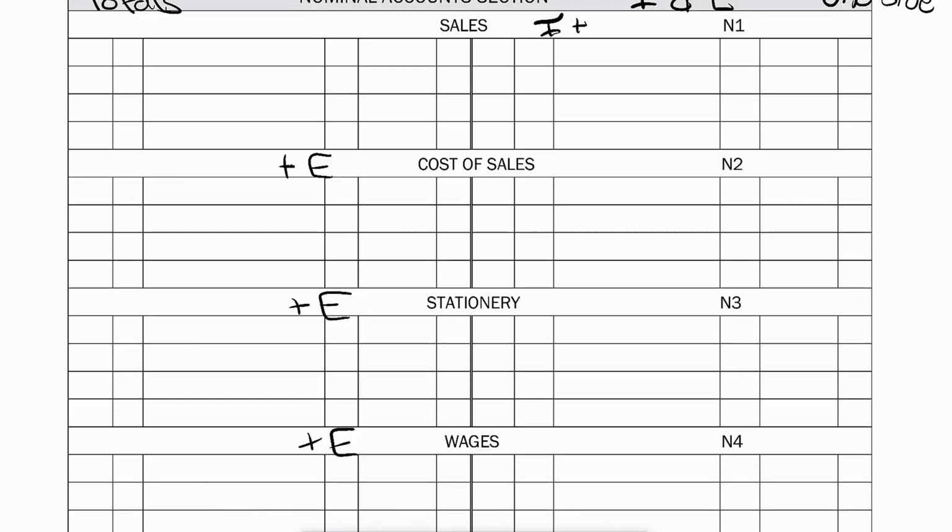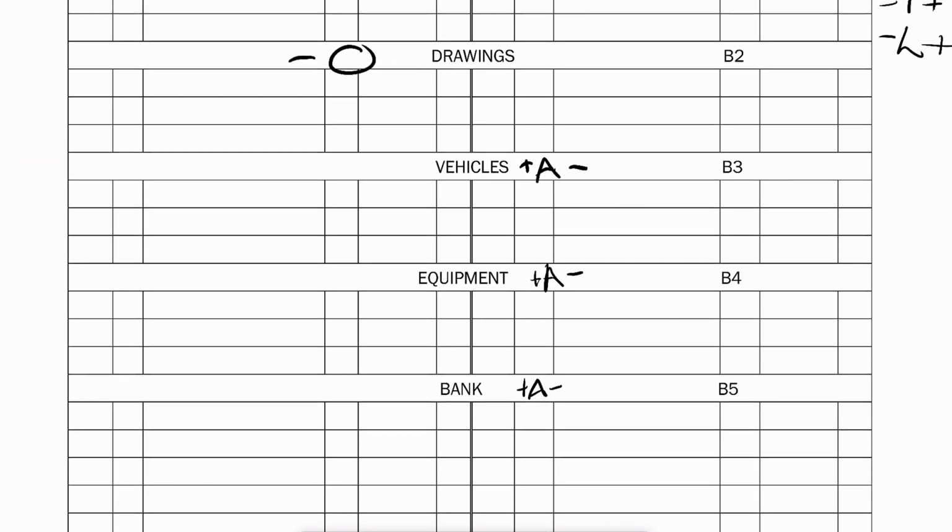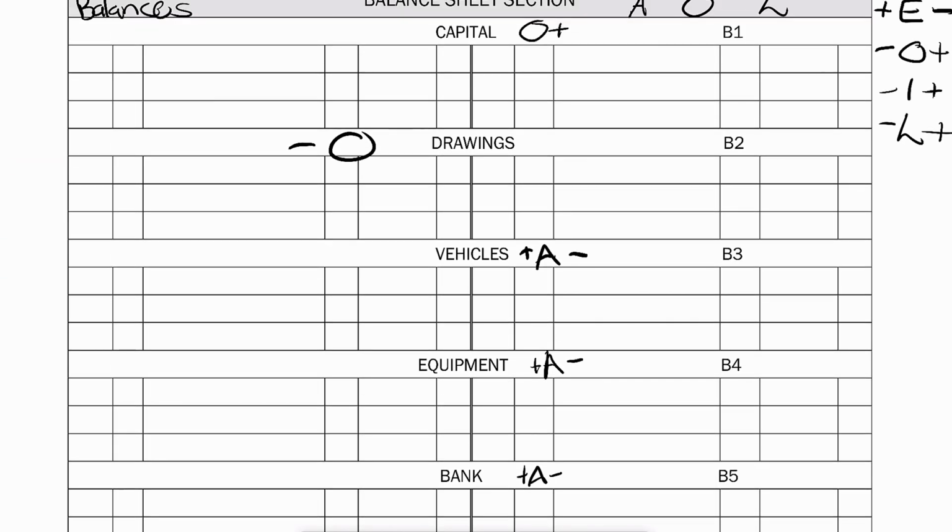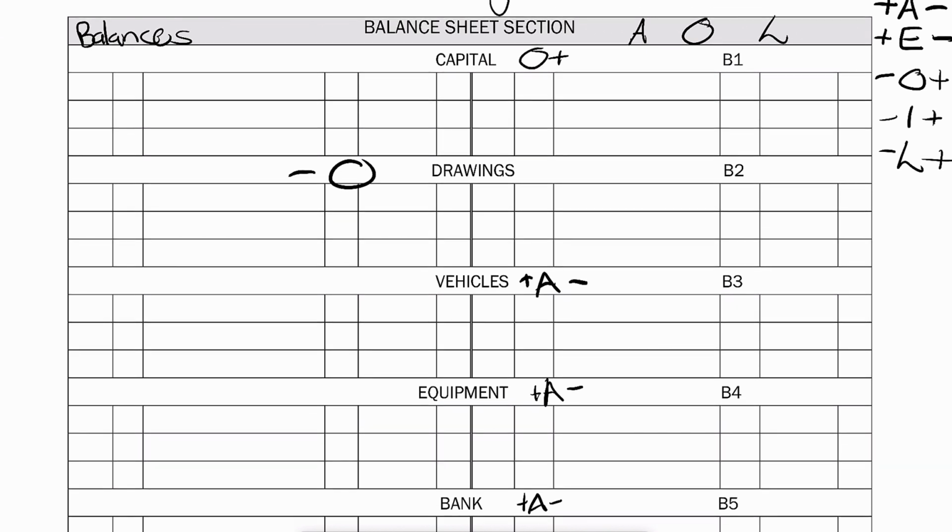Now, if we go up and we have a look, we start off each account with a balance or a total. Now, in the balance sheet section, we start off with balances. So we are working in November. The date would be the 1st. We have our balance brought down.